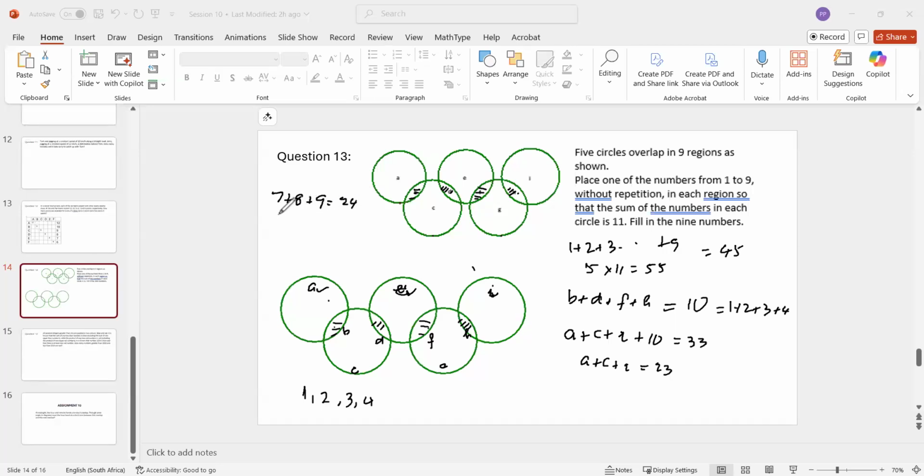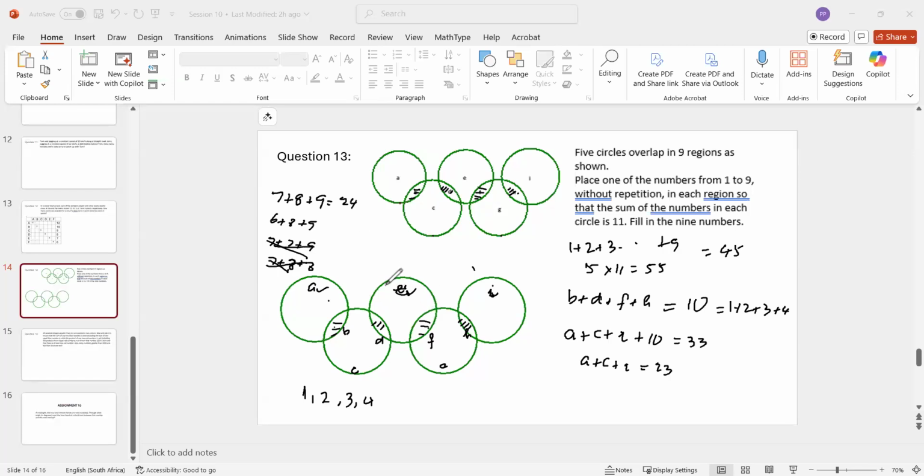So you can only get 23 by 6 plus 8 plus 9, just reduce 1 from one of them, or 7 plus 7 plus 9, or 7 plus 8 plus 8. But you're not allowed to have this because no number is repeated, right? So that is out. That is out.